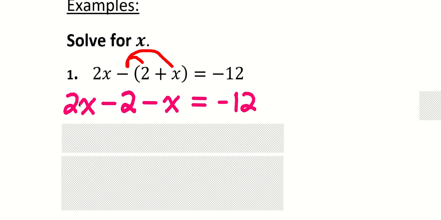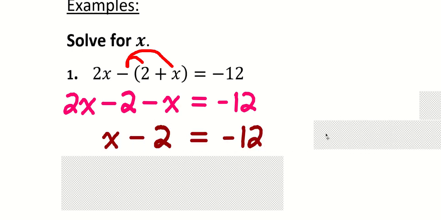There's a 2x and there's a -x or -1x, and they're already on the same side. So that's the next thing I think we should do. Just combine them. 2x minus 1x just becomes 1x, and this -2 term just drops down, and then of course the equal sign and the right side of -12.